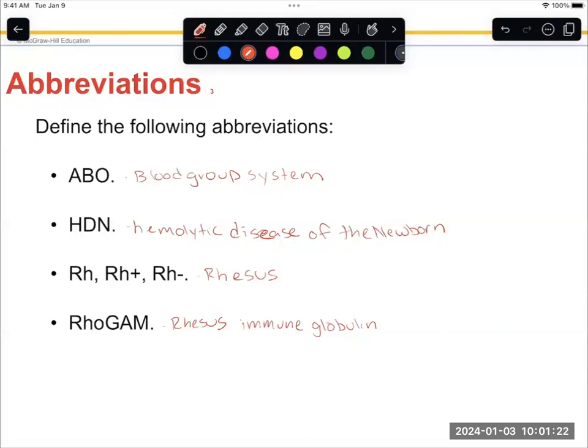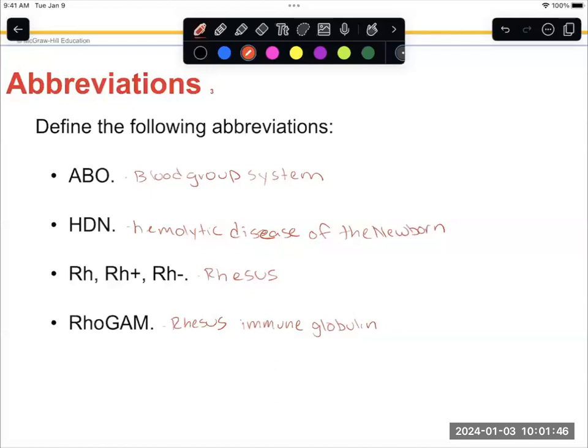This, if a mother or a pregnant woman has Rh negative blood, so their blood does not have those cell markers for Rh, but they're pregnant with a baby or a fetus that has that Rh marker on their blood.